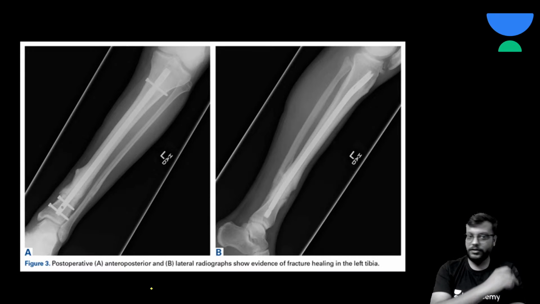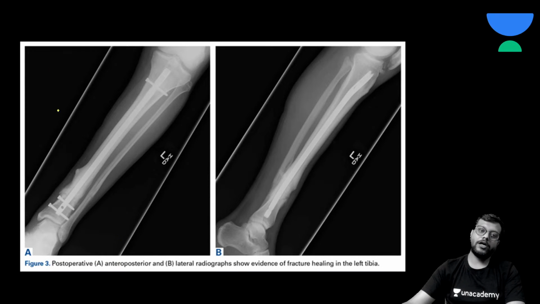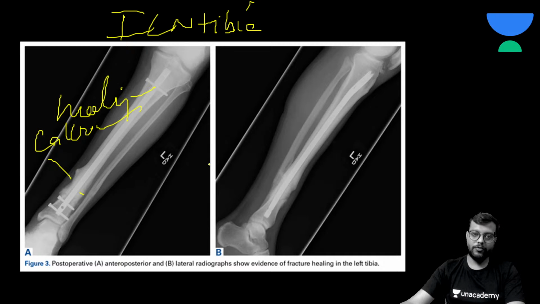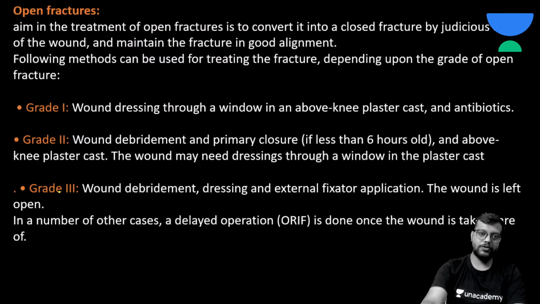Okay, see here you can see this is an interlocking nail tibia, and here you can see callus is formed, healing is done, and you can see बोन कितने अच्छे से जुड़ी है. Okay, so this is interlocking nail tibia with the proximal and the distal screws.